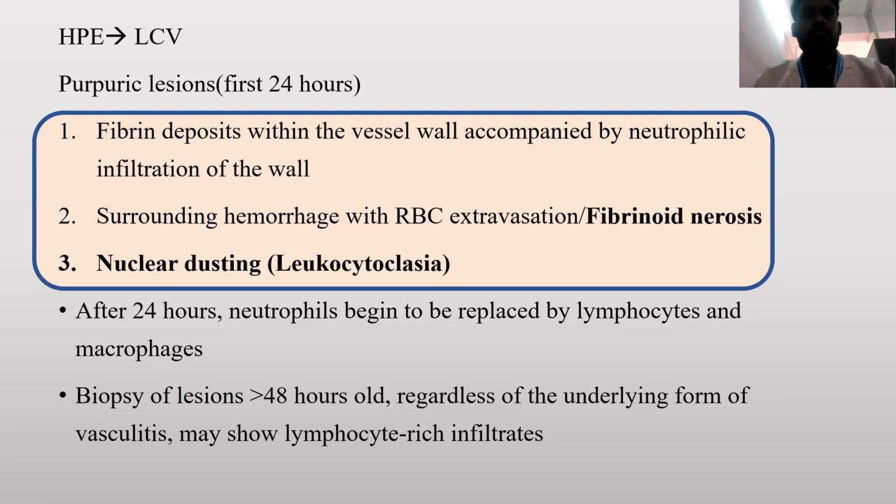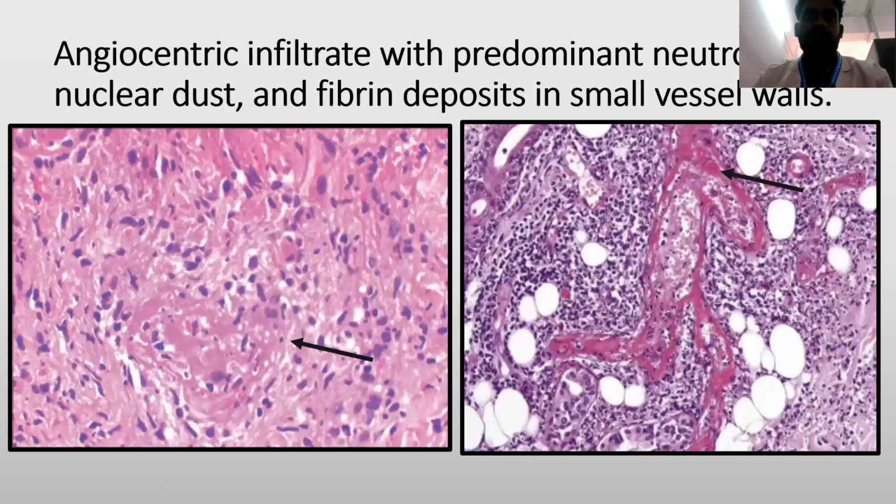After 24 hours, neutrophils begin to be replaced by lymphocytes and macrophages, and a biopsy of lesions more than 48 hours old, regardless of the underlying form of vasculitis, may show lymphocyte-rich infiltrates.